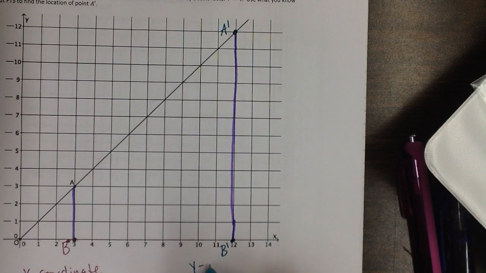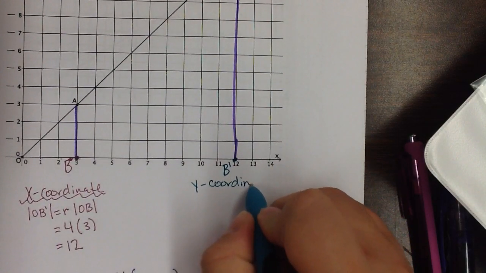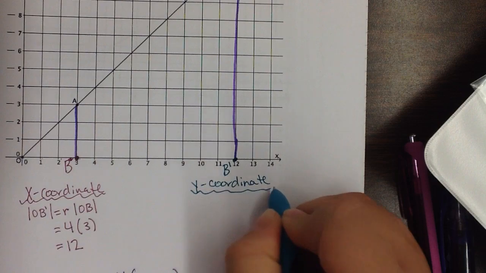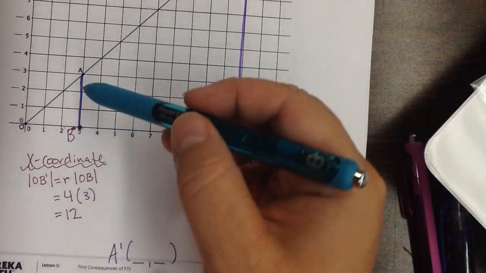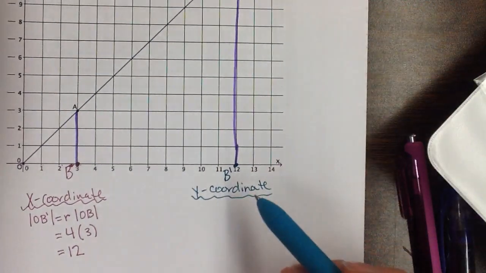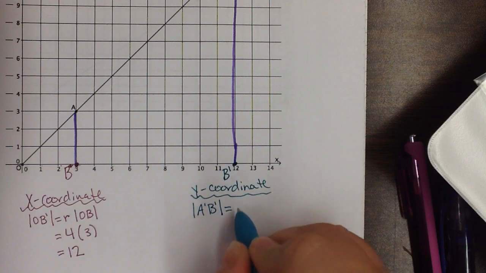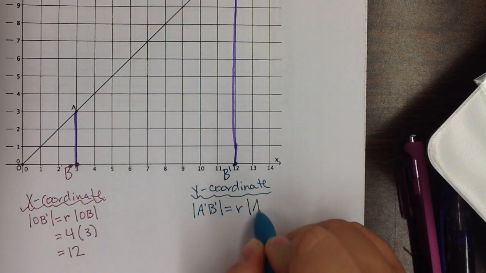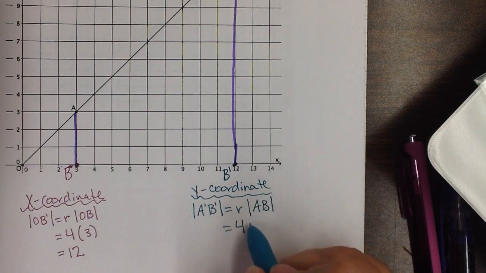So the y coordinate, we're going to use this line here and this line here, the actual lines that are parallel now. So the distance from A prime to B prime equals our scale factor times the distance from A to B. Our scale factor is 4.